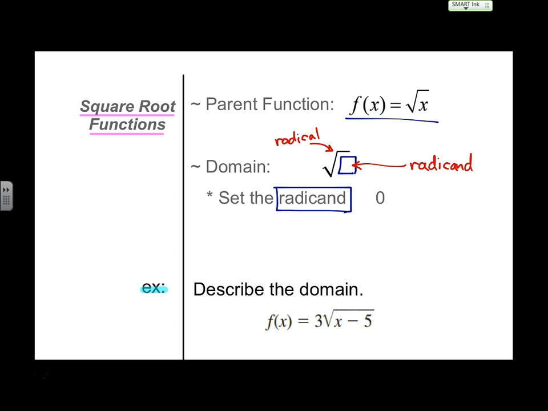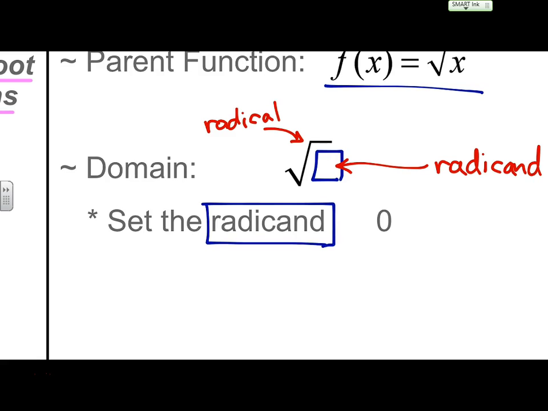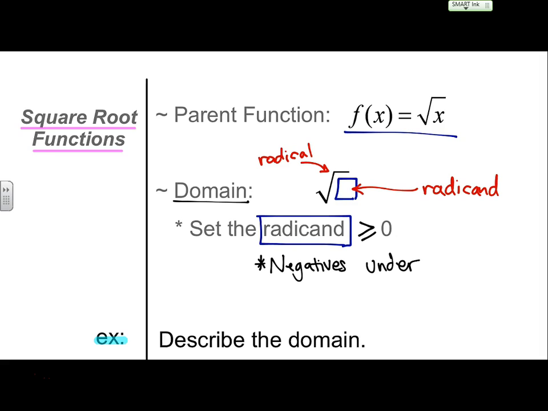So if it's not allowed to be negative, what do I need to think about every time I think about domain when the x is underneath the radical? I need to take whoever's underneath and set them greater than or equal to 0. Why? Negatives under the radical do not exist.